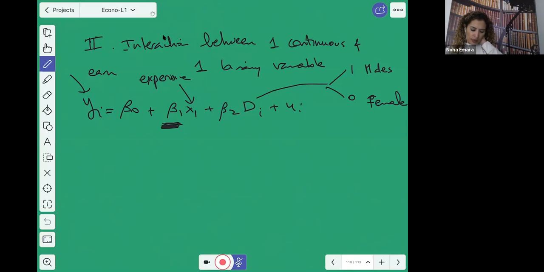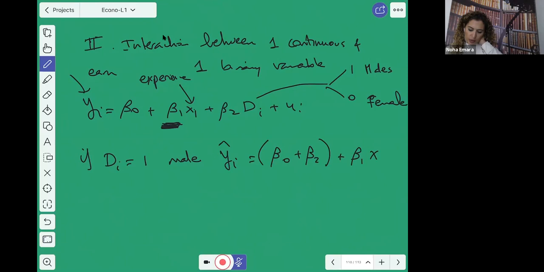So let's see. If di is equal to 1, then this is the equation for a male worker, for example. Then the yi hat would be equal to beta naught plus beta 2, because beta 2 is multiplied times 1, I can combine it with the intercept, plus beta 1 xi.